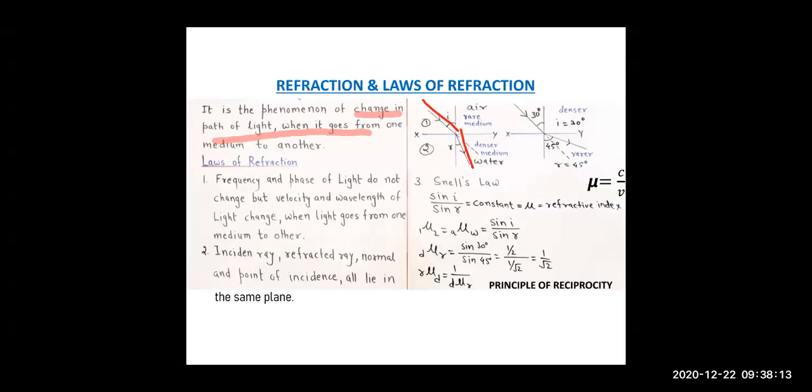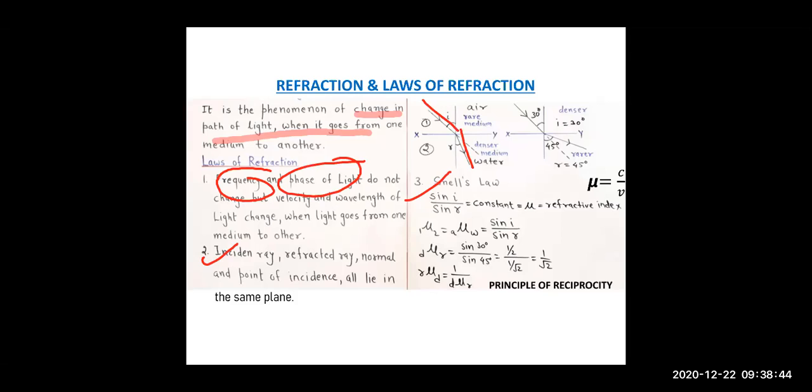Now, let's talk about the laws of refraction. We are very much familiar with the second point and Snell's law, right? The first point says that when refraction takes place, there occurs a change in the velocity of the light and the wavelength of the light. But children, the frequency and the phase depend upon the source.